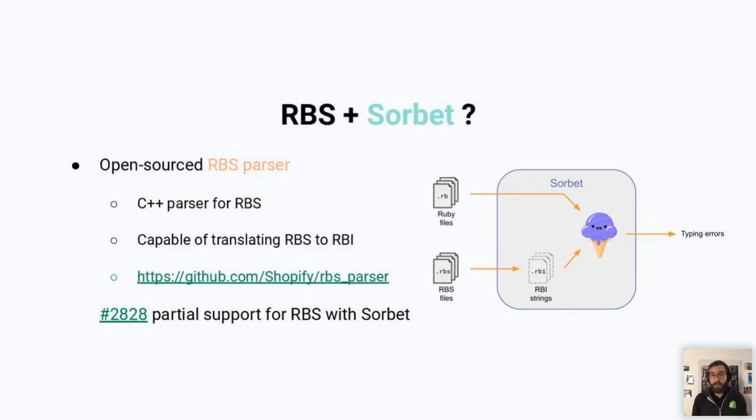So the idea is that you feed RBS files to Sorbet. The parser translates what it can into RBI files. Then Sorbet reads these RBI files and type checks your Ruby code with this. That way we could have the best of both worlds: the signatures coming from the RBS definitions and the speed of Sorbet on our code base.